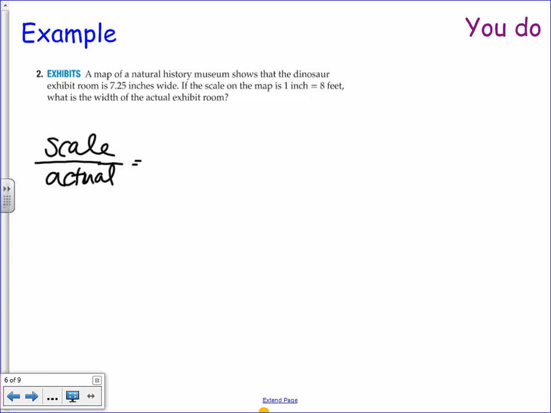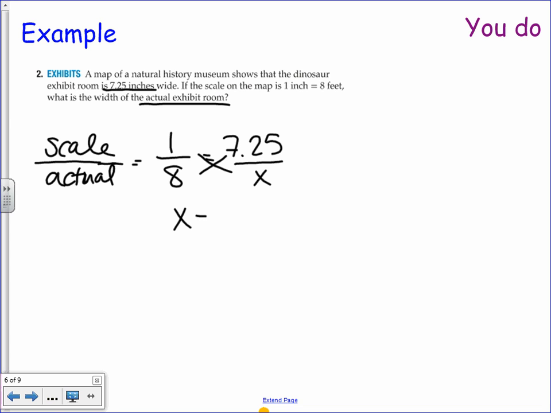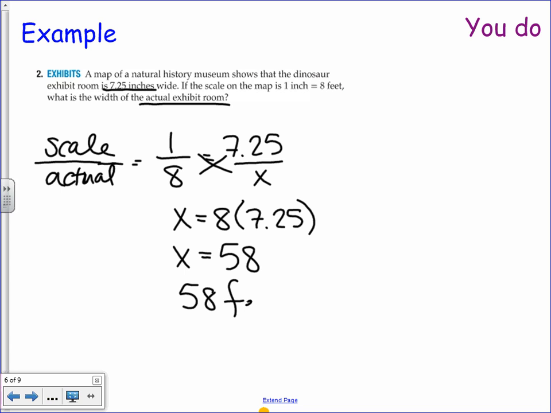So we've got 1 inch to 8 feet. Our scale is 7.25, and we're trying to find the actual width, right? And we cross multiply, we get 8 times 7.25, and 8 times 7.25 is 58. So the width of the actual exhibit room is 58 feet.